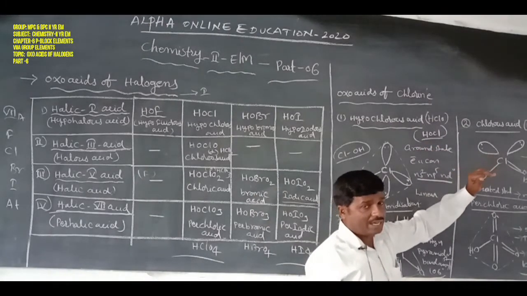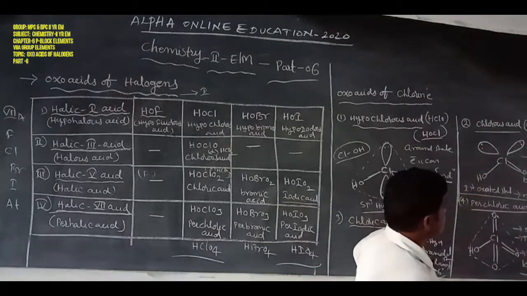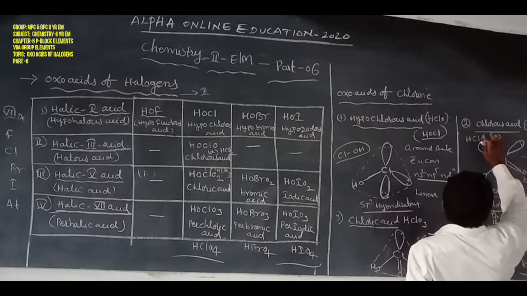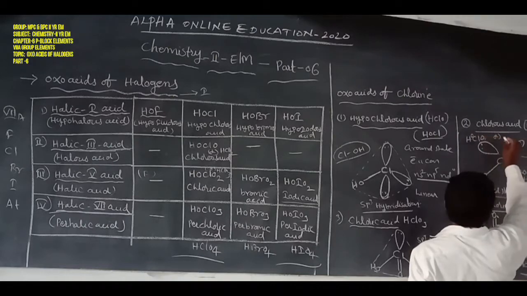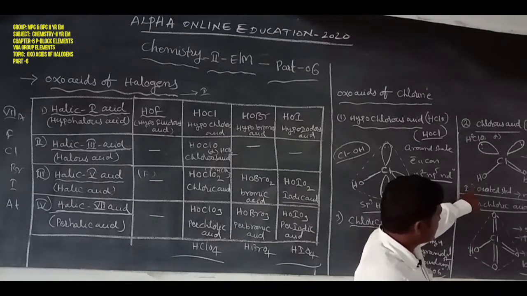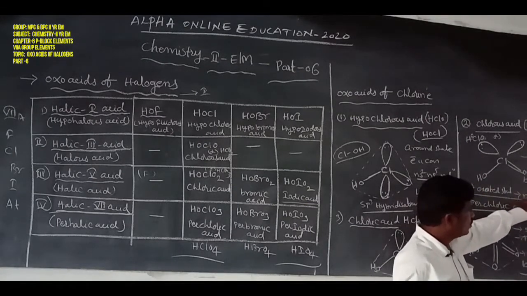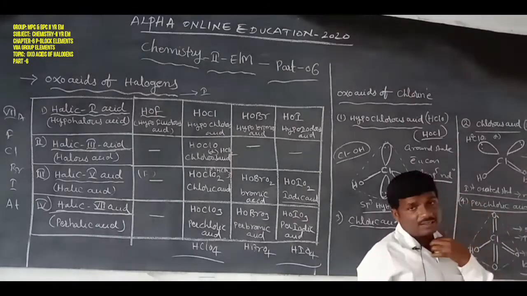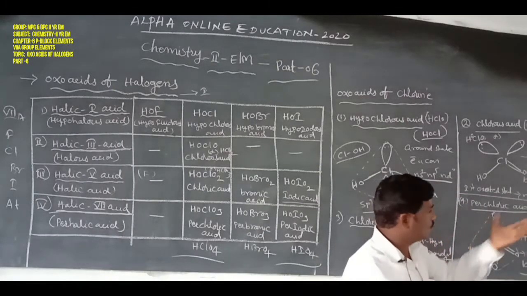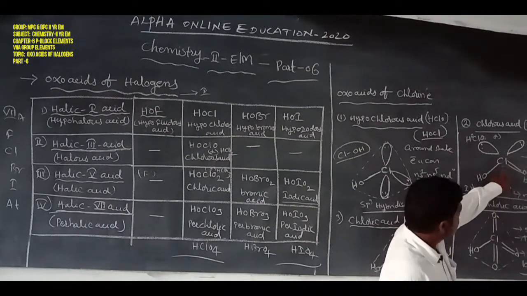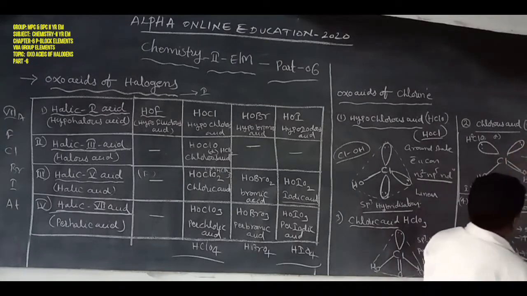Chlorous acid has the general formula HOClO or HClO2. In the excited electron configuration 3s2 3p4 3d1, the d orbital has 1 electron and the p orbital has 2 lone pair electrons.